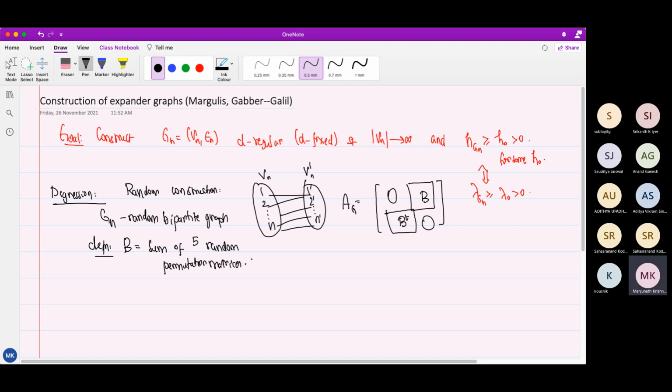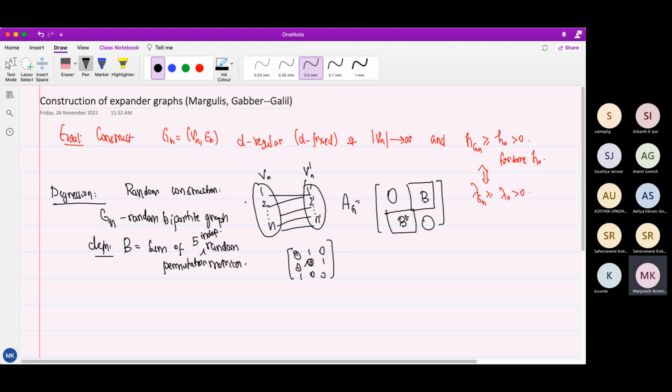So you pick a random permutation of 1 to n. For example, a 3 by 3 permutation matrix with zeros and ones. You pick 5 random permutation matrices independently, of course, and add them up.